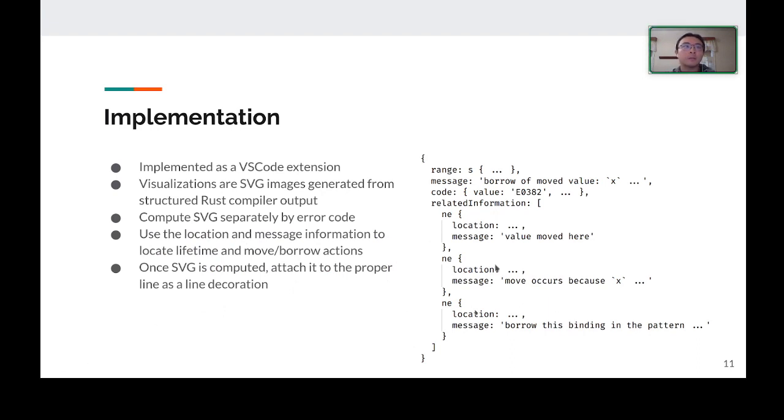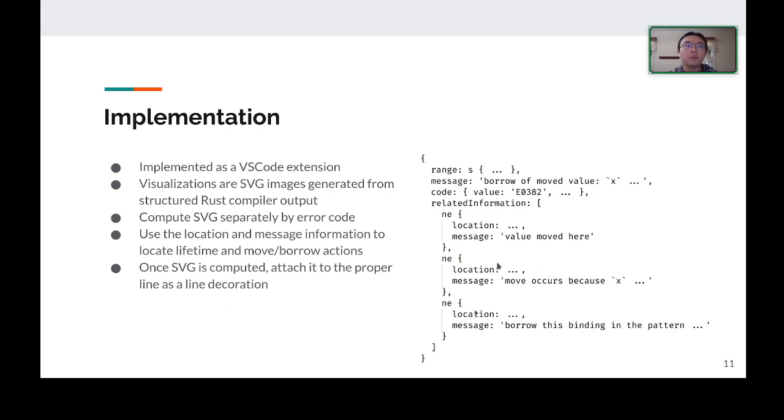So next, I'll talk about the implementation of REVIS. It is implemented as a VSCode extension, and the visualizations are SVG images. We generate the visualization from a structured Rust compiler output. So we depend on the Rust analyzer extension, and Rust analyzer will run the Rust compiler every time the file is saved, and we parse the generated Rust compiler output.